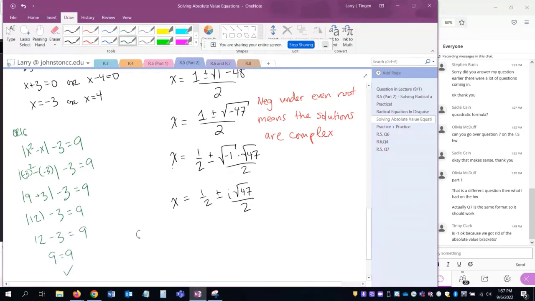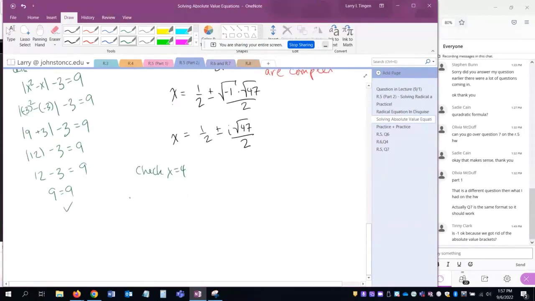How about 4? So that's 4 squared minus 4 minus 3 is equal to 9. 4 squared is 16. 16 minus 4 is 12.